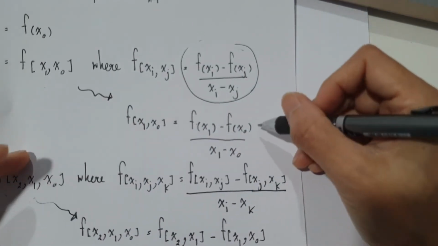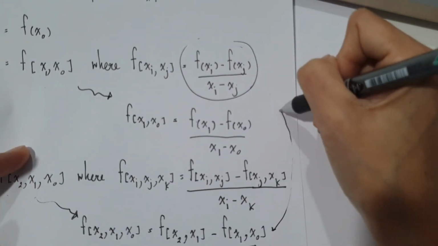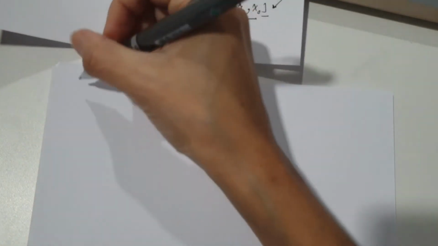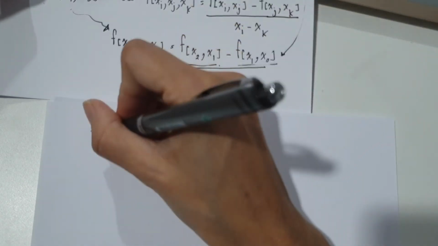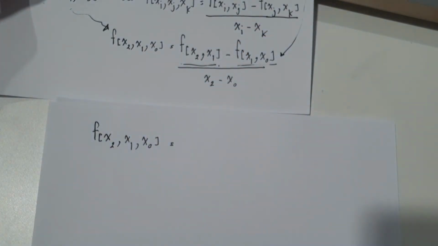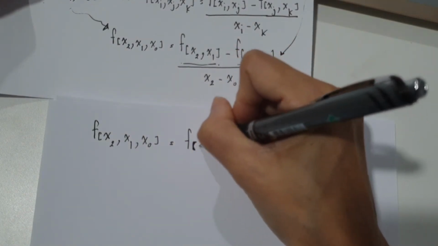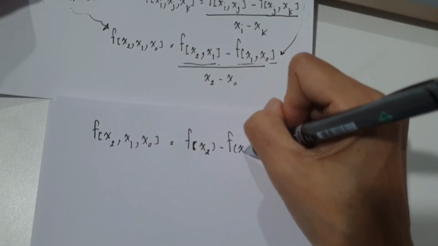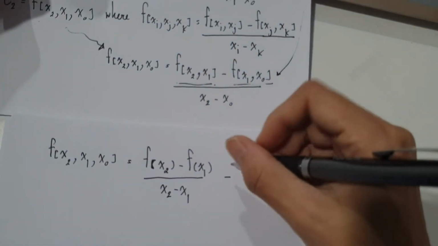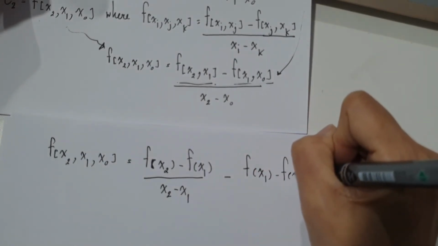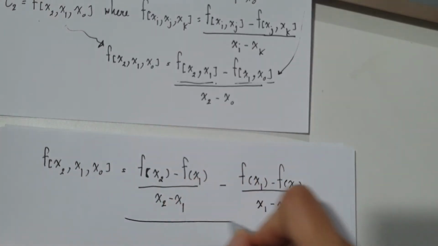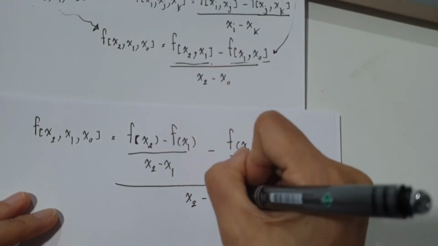And from here, if you use this formula to represent the relationship between this term and this term, f[x2, x1, x0] equals (f(x2) minus f(x1)) divided by (x2 minus x1), minus (f(x1) minus f(x0)) divided by (x1 minus x0), and we divide the whole equation by x2 minus x0.